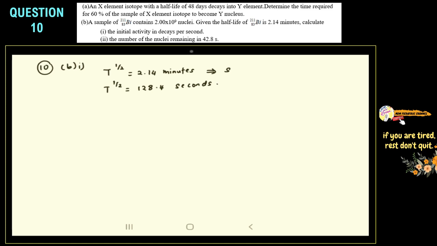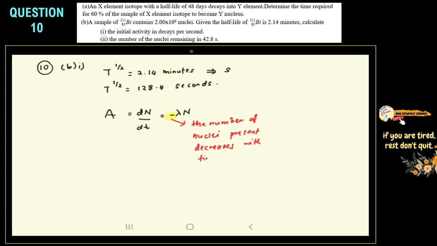So let's write A. The general equation: A is equal to dN over dt, and it's equal to negative lambda N. The negative sign means that the number of nuclei present decreases with time.